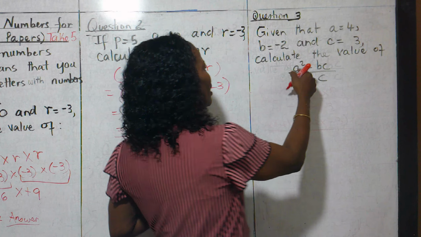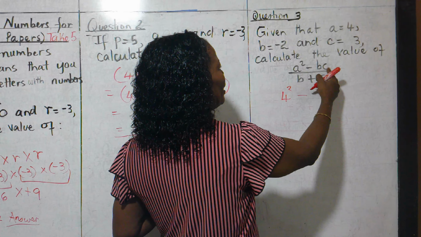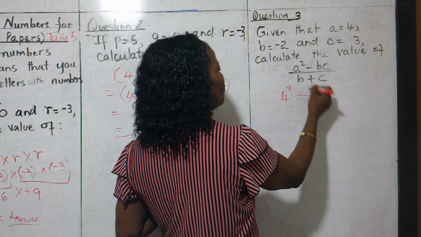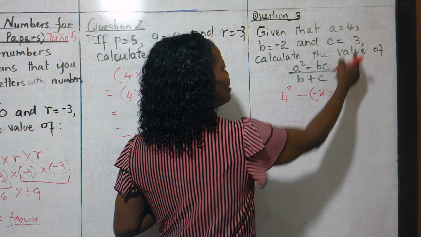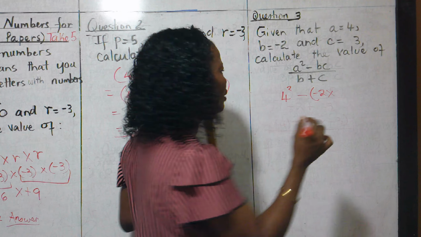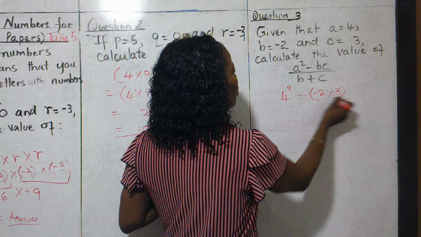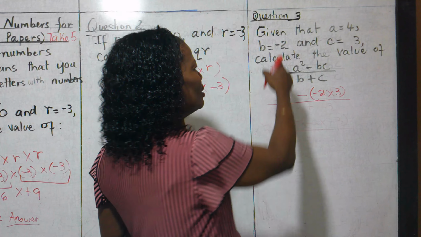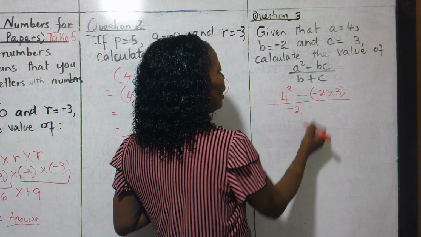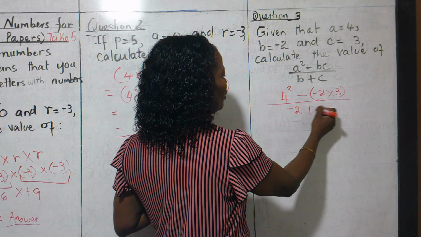A squared, we know A is 4. So that's 4 squared minus B times C. B has a value -2, and C has a value 3. All over, B is -2 and C is 3.